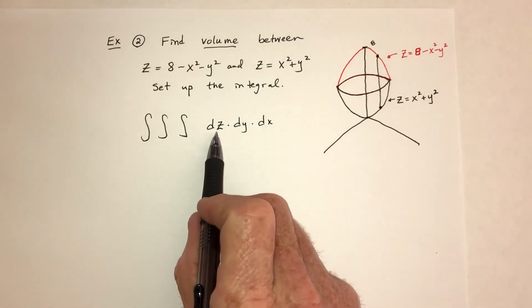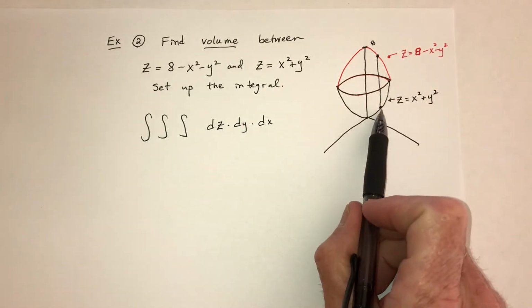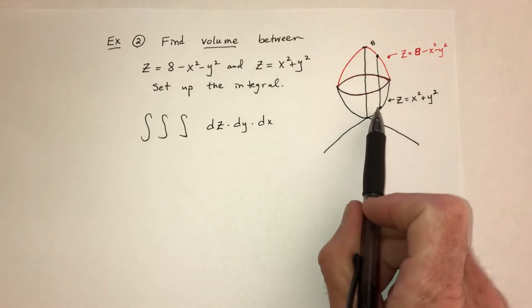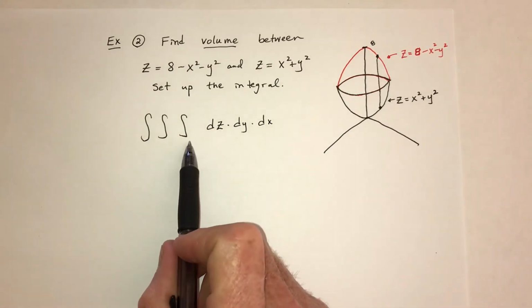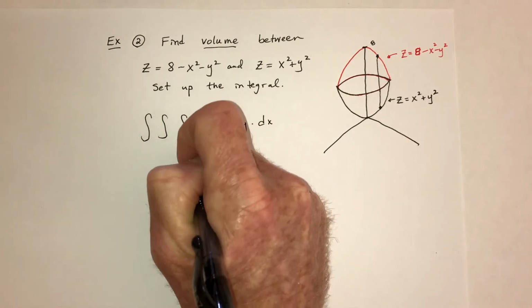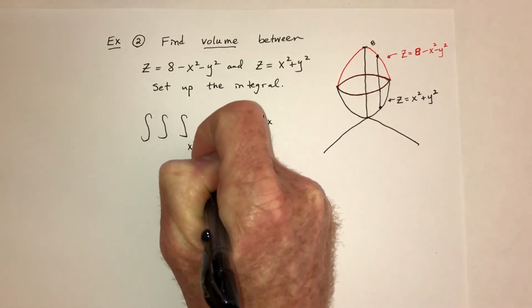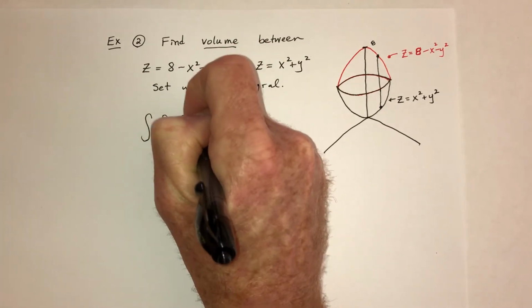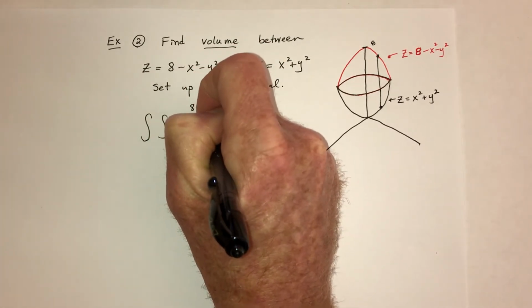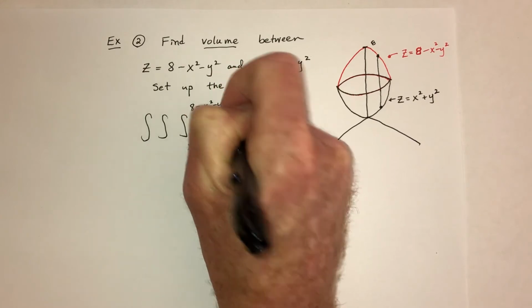I definitely want to do dz first because I can see that the z values have to go from the bottom paraboloid to the top paraboloid. So it has to go from the bottom one, and that's where z equals x squared plus y squared, to the top one, 8 minus x squared minus y squared.